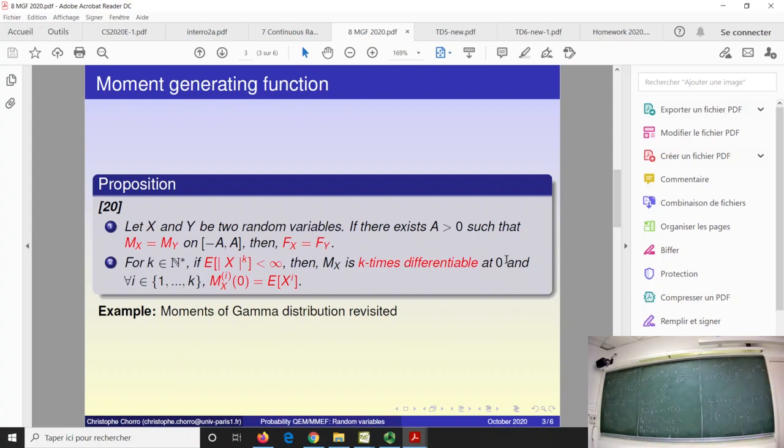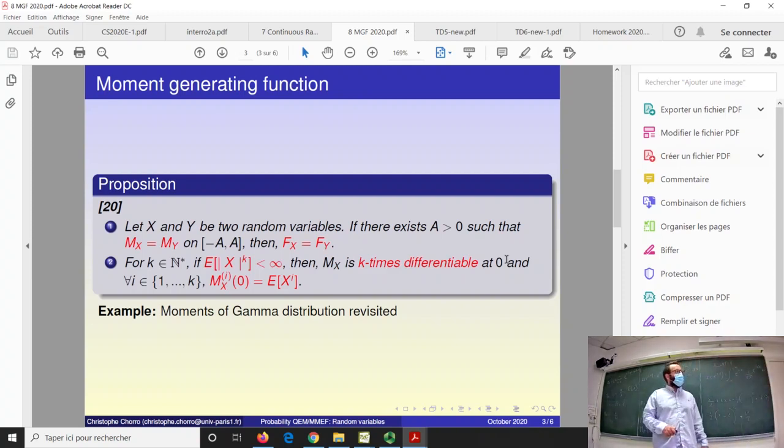Second result in Proposition 20, something that I have already remarked. But I need some conditions that are fulfilled in what I have done here to justify what I can do. I said the following: if you start from the moment generating function and you are able to compute its derivatives at 0, then the derivatives at 0 are related to the moments of the distribution.